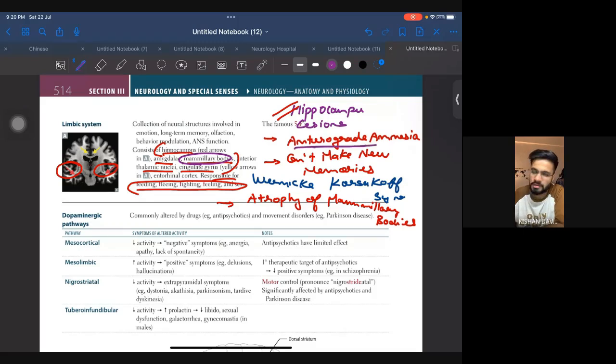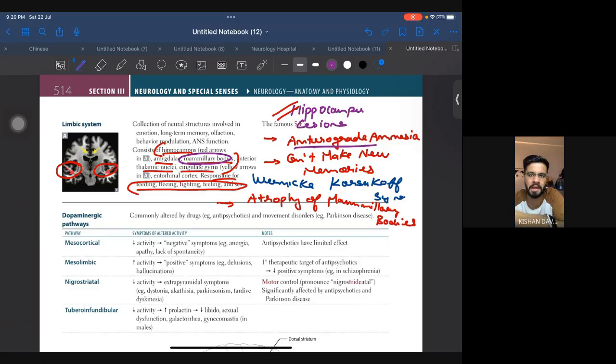They will give you a question like this. A person came with a CNS injury and was admitted to the hospital, and after he woke up from the coma, or from resting, the doctor talked to the patient and explained all the treatment plans.